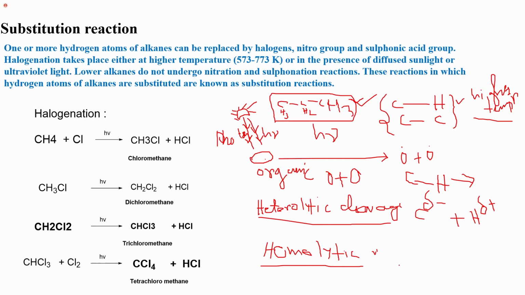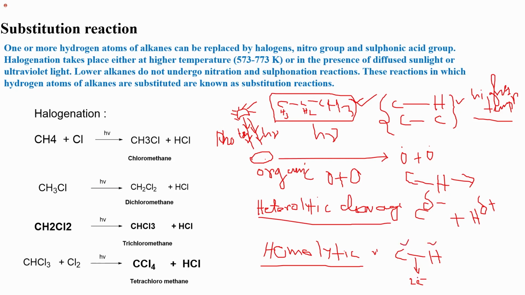In case of homolytic cleavage, or homolysis, you know this is a covalent bond. One bond means two electrons, and these two electrons form the bond between carbon and hydrogen.